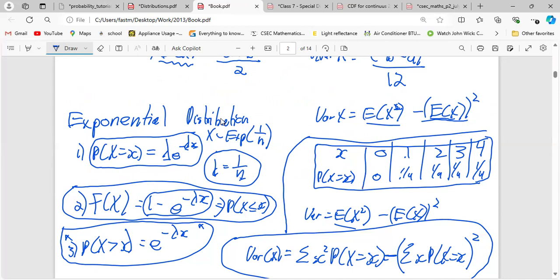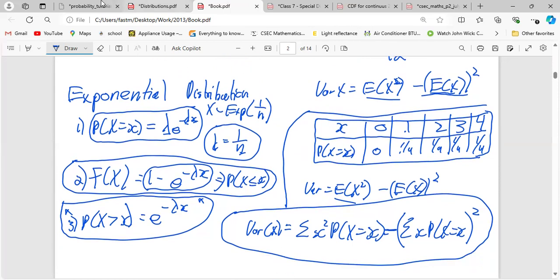Get your probability x equal to x, and from here, you know where to go. Then you know the equation for expectation, the sum of x times the probability x equal to x. You know the variance, and you could go from there. So just some equations, some distributions, you could get the expectation and variance from one nice equation.